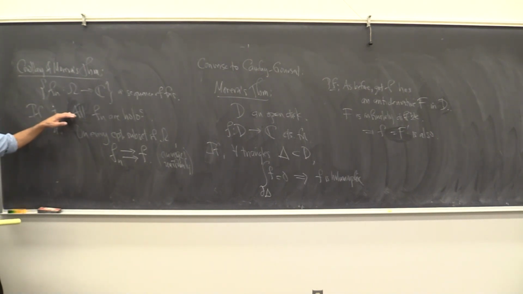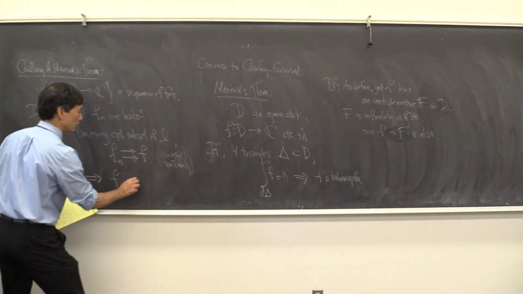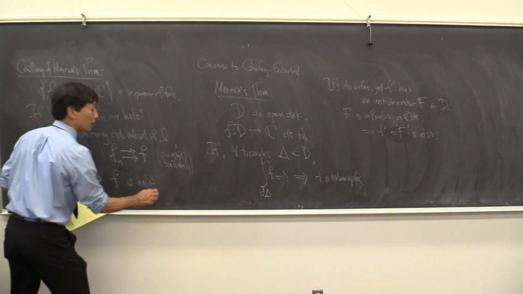So if you've got holomorphic functions that converge uniformly on every compact subset, then the thing that they converge to is holomorphic.